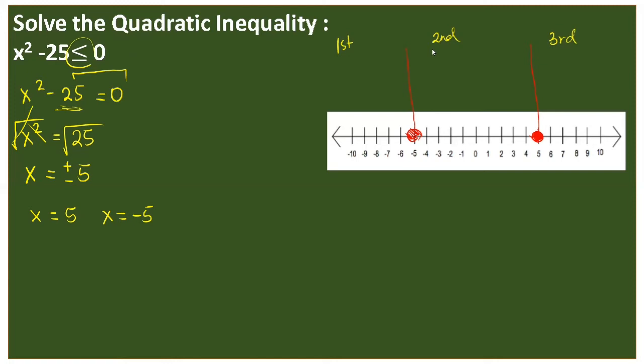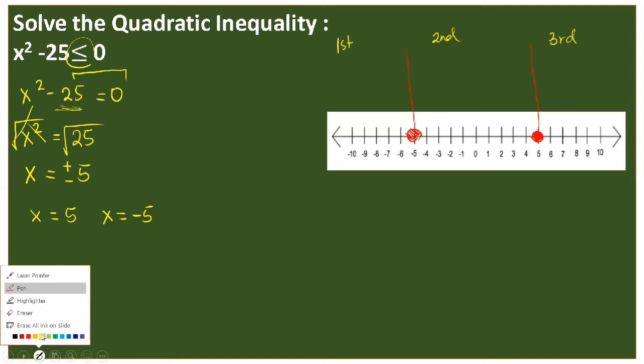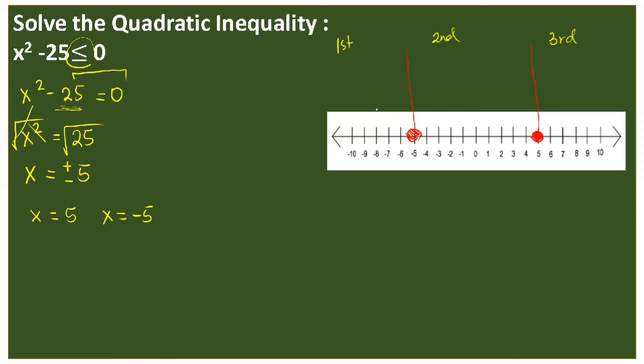So, first, let's test or check the test point in the first region. Let's try negative 10. If x is equal to negative 10, then we will substitute it into the original inequality. x squared minus 25 less than or equal to 0.